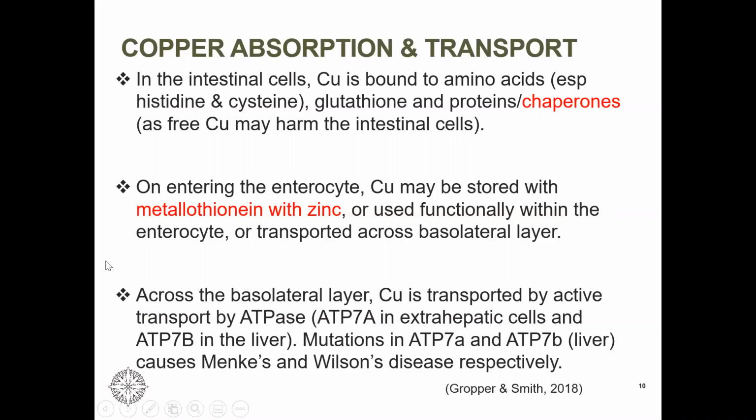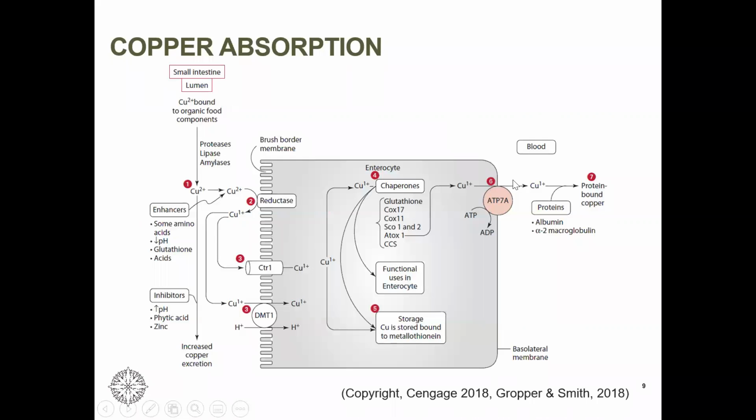Now, just staying with this last point on the slide. Some of you might have heard about Wilson disease. We are aware that there may be a genetic mutation in the gene that makes ATP7A.